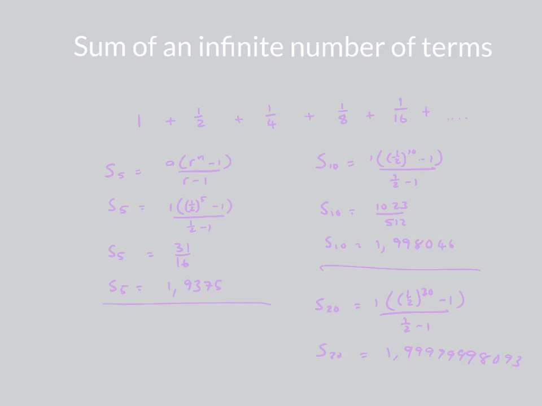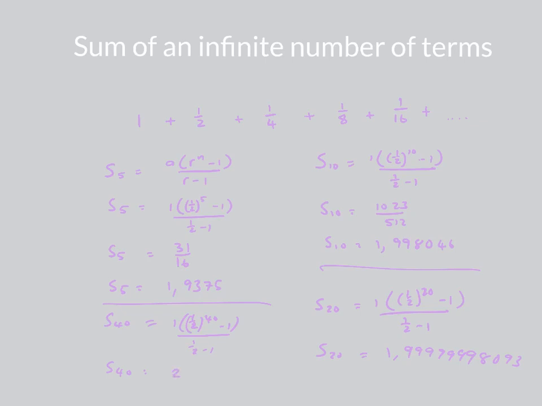So let's work out the sum of the first 40 terms. What will the sum of the first 40 terms be? Then it is 1, a half to the power of 40 minus 1, over a half minus 1. Change the 20 to a 40, and you're going to get 2.